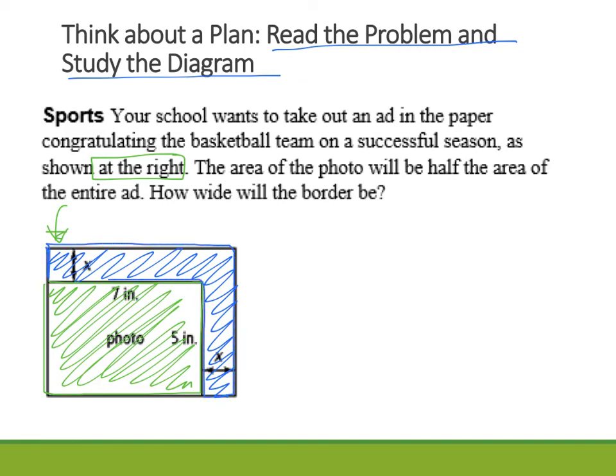So the border is not surrounding the entire photo, it's just surrounding two sides of the photo. Now, I also want you to make note of this statement because this is really important. The area of the photo will be half the area of the entire ad. And what they're asking us is how wide will the border be? Notice that they've designated X to be the width of the border.